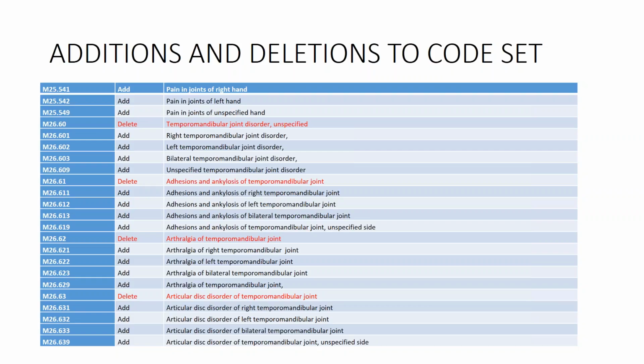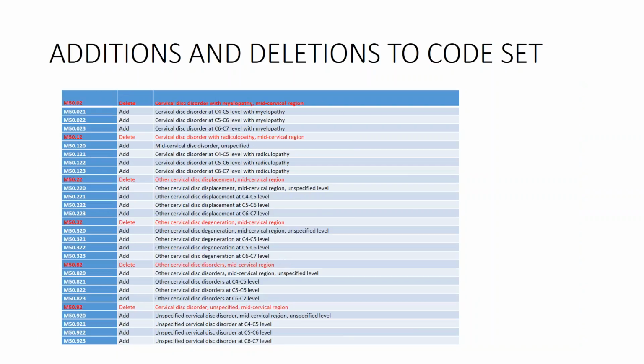More so than even the TMJ disorders, where we have quite a bit of change, are your disc disorders, your mid-cervical disc disorders. There is quite a change in this, and I'm going to point this one out as well. Now these aren't the only changes, obviously, but I know your time is precious.